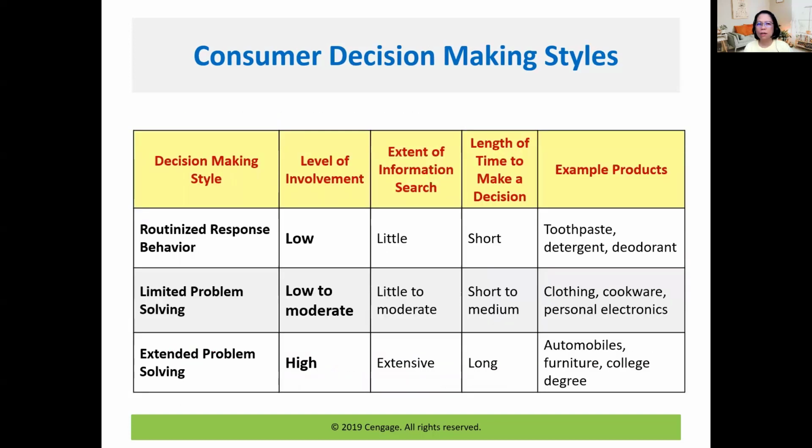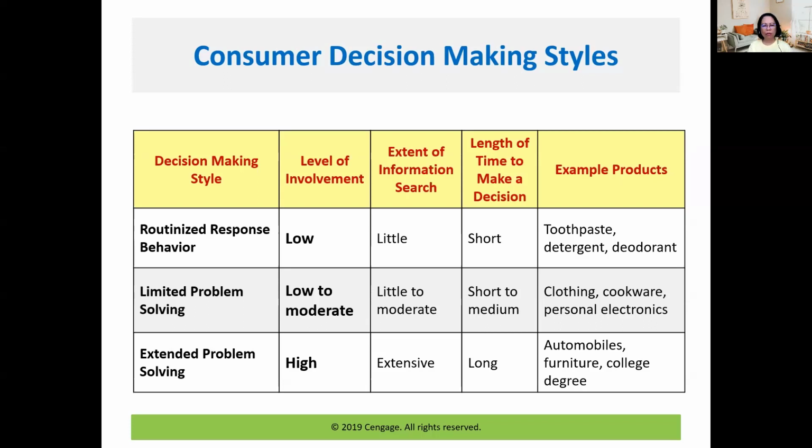So let's try to look at some examples of the consumer decision-making styles. First, we have routinized response behavior. The level of involvement is low and the extent of information search is little. The length of time to make a decision is short. So example products would be toothpaste, detergent, or deodorant. Next, limited problem solving.